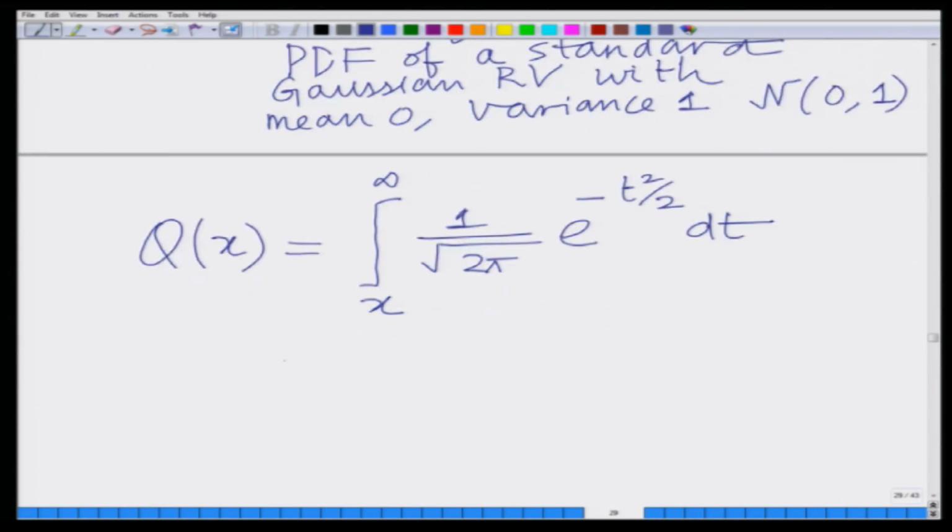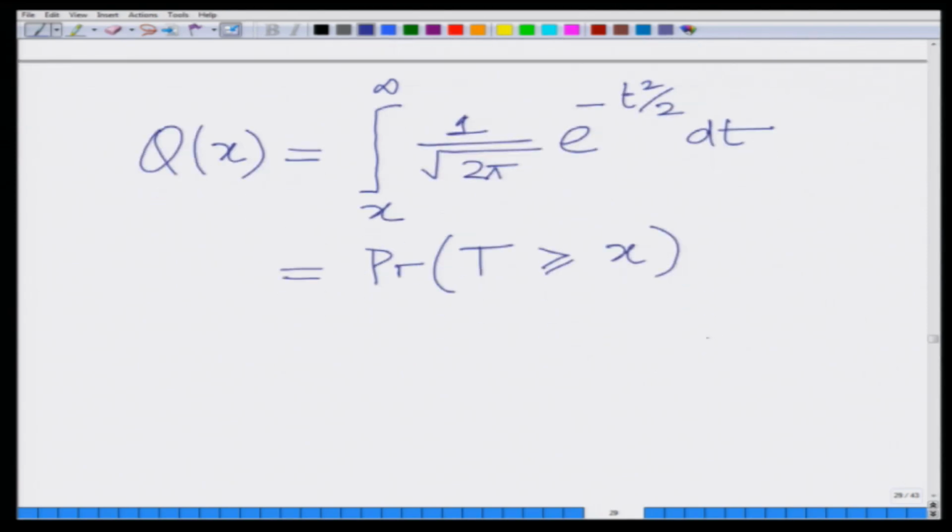This is the probability that a standard Gaussian random variable t, with mean 0 and variance 1, is greater than or equal to x, that is, lies in the interval x to infinity.